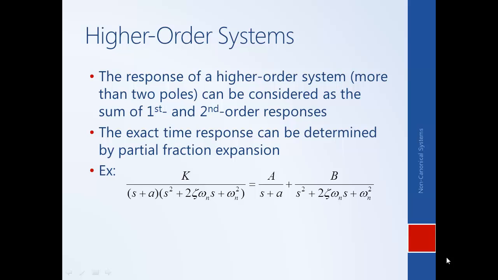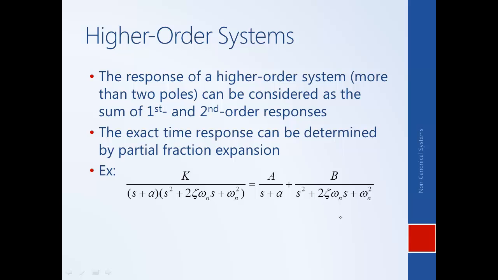So in this case, we have a third order system. We have one real pole, and then we have a quadratic with two complex conjugate poles. And that's always going to be the case. No matter how high an order system we have, the poles can either be real or complex conjugate.